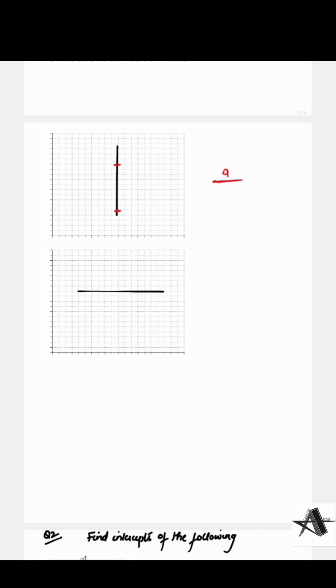How much am I moving in the x direction? There is no x direction, it's only vertical. I'm not moving horizontally at all, so nothing. That means this is undefined. Something divided by 0 is infinity, or we can say undefined. Even if you type it in a calculator, you'll get a maths error. So you can't define the gradient for this line.